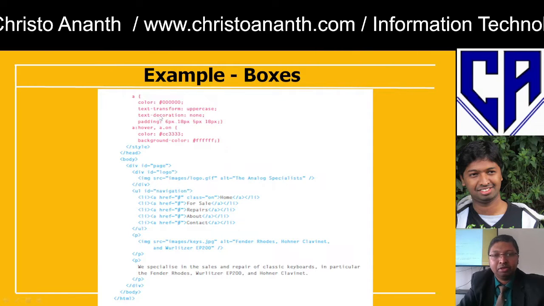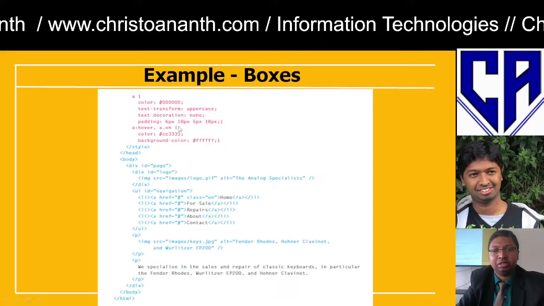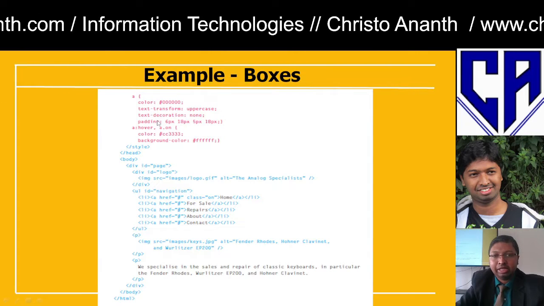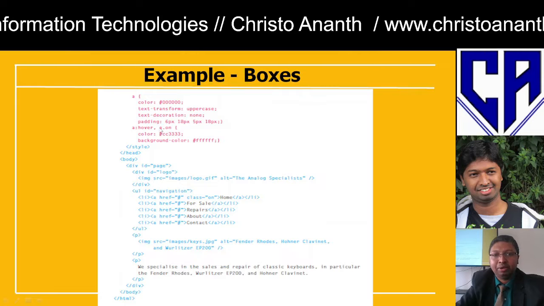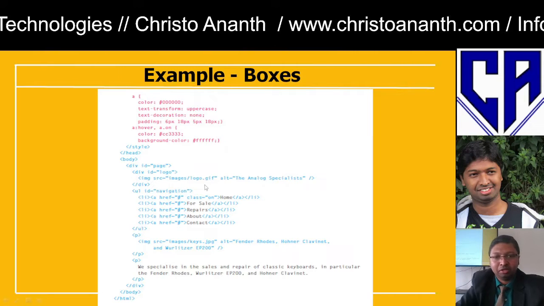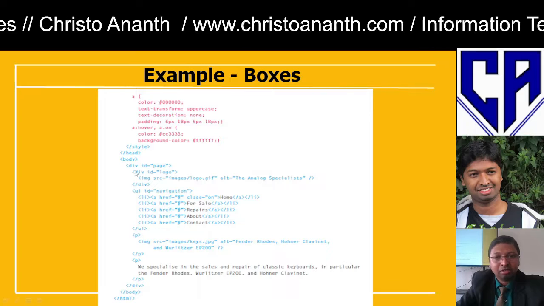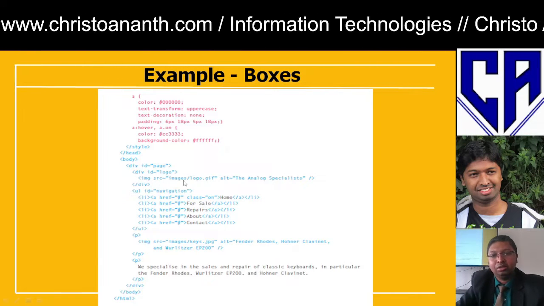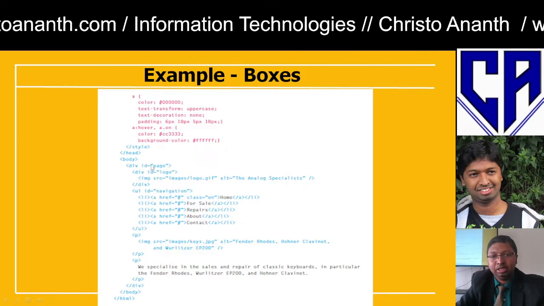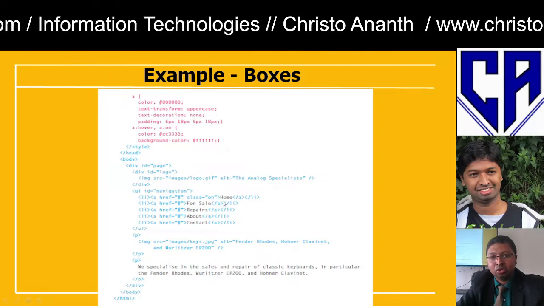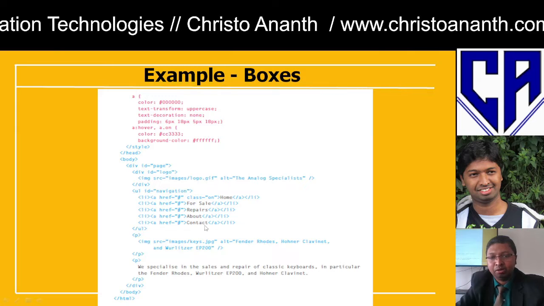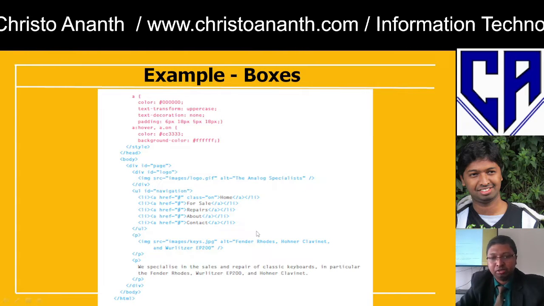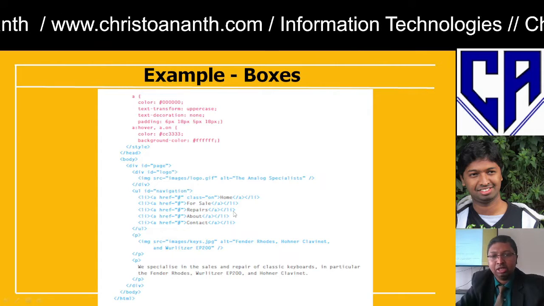So you can specify for each of the characters also: color, text transform uppercase, text decoration none, padding, a:hover. You can specify for each of these things, and also for the div ID. Div ID, you remember, you access the image, and within that you will have list items: home, for sale, repairs, about, contact, and then the paragraph tag also. Then close the div, close the body, and close the HTML.